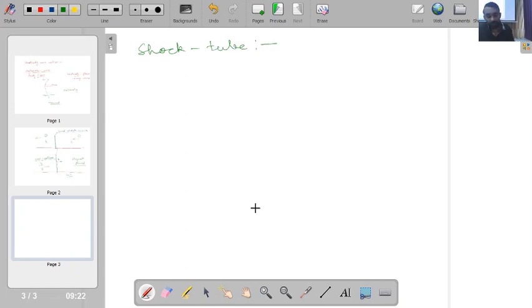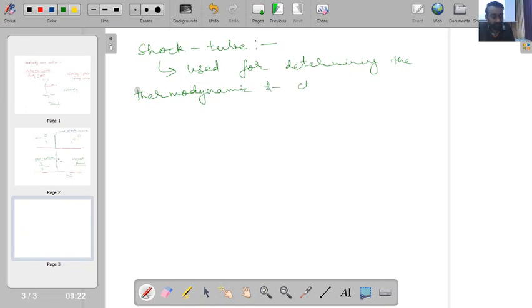The shock tube is a very popular device, and this particular device is used for determining the thermodynamic and chemical properties of gases at extremely high pressures and temperatures. So this is called a shock tube.